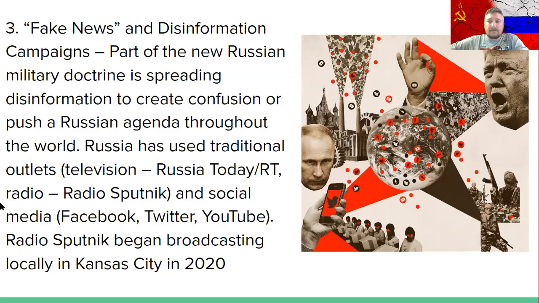They no longer have to roll tanks through the streets to get people to believe what they want. Now they can do it by pushing out minimum wage workers that have fake Twitter profiles. It's a crazy change in how they are taking control of different parts of the world. But as we've seen in Ukraine, it's successful.